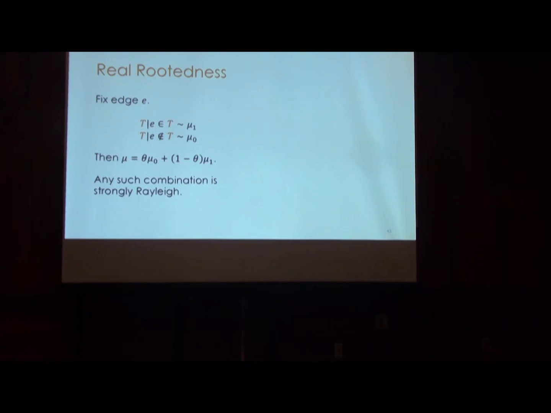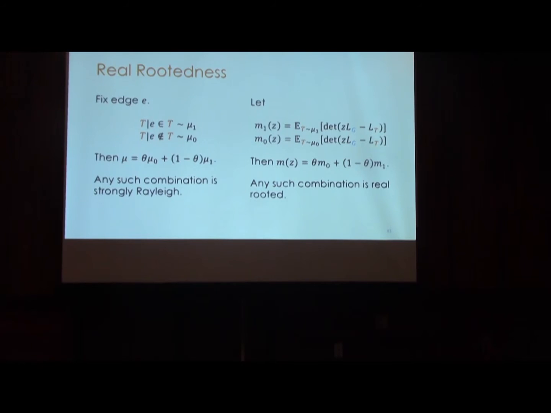But this is a claim it needs. Now compare this to the mixed polynomials that you get. Consider the mixed polynomial m1 where the mixture is over the distribution mu1, and m0 the mixed polynomial when the distribution is mu0. Then the actual mixed polynomial that I have is also a convex combination of these two polynomials.